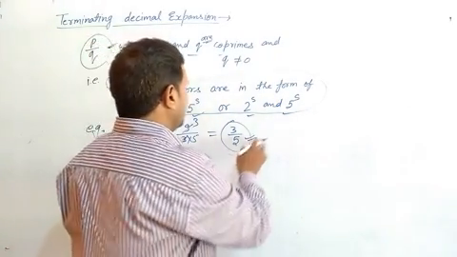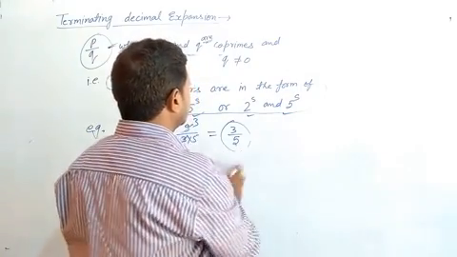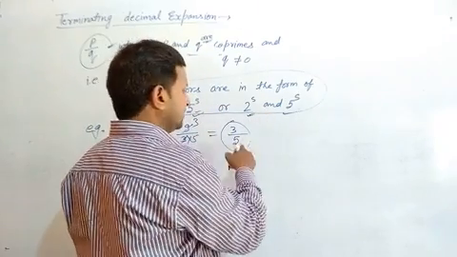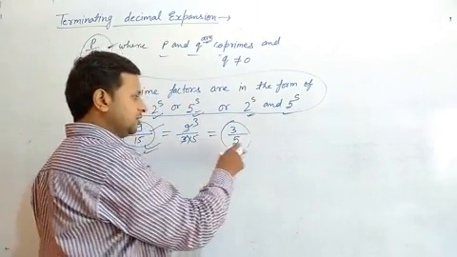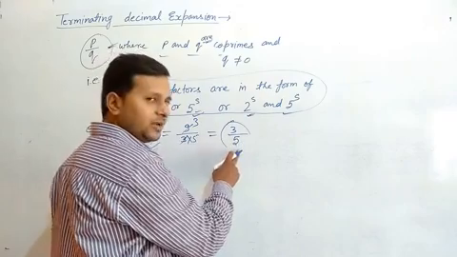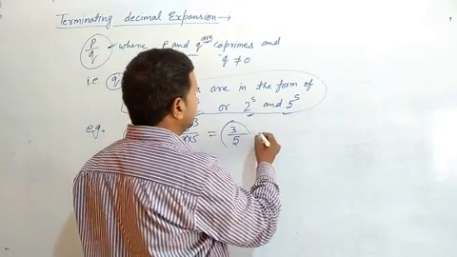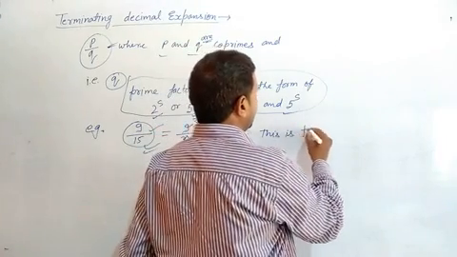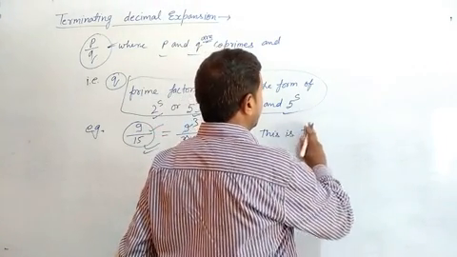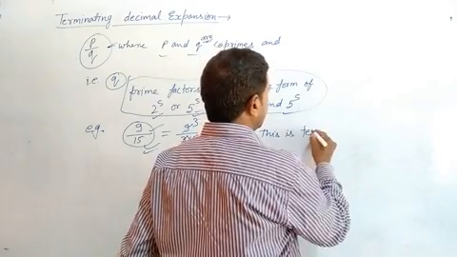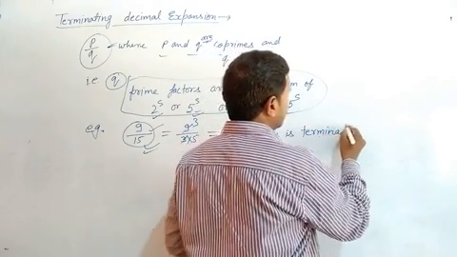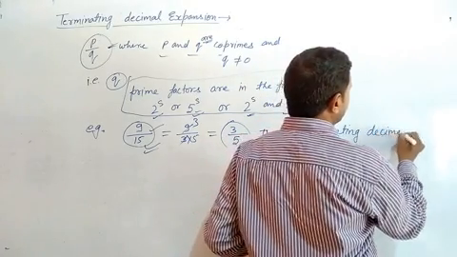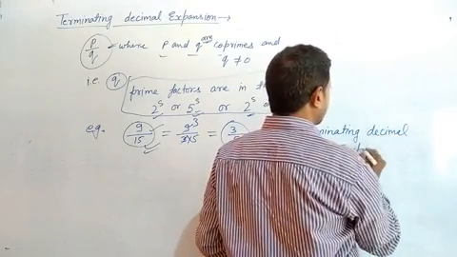This is 2's and 5's terms. No number is given other than 2's and 5 here. So we can say that this is terminating decimal expansion.